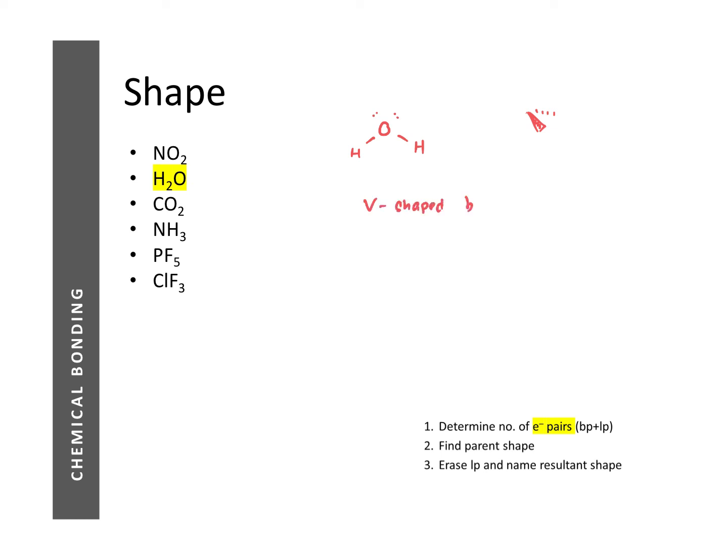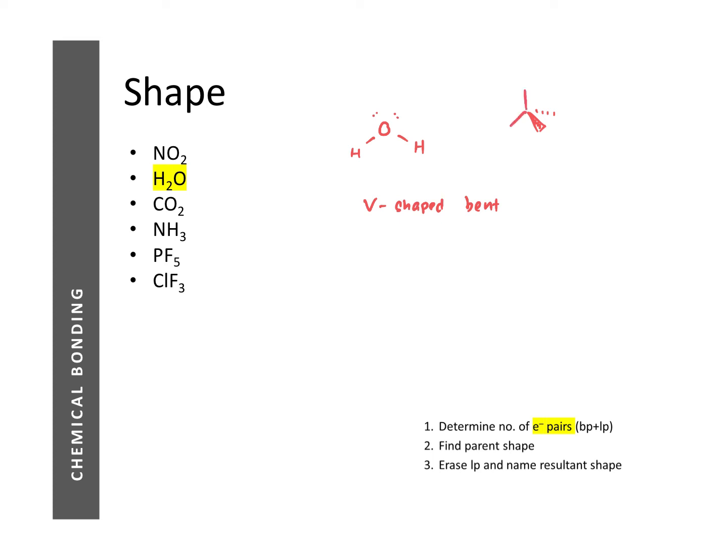So that is why in secondary school your teachers used to teach you to draw water in a V shape or a bent shape. That's because according to VSEPR, the shape of water is indeed bent. How about the angles?